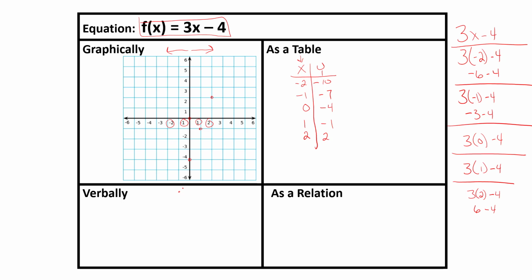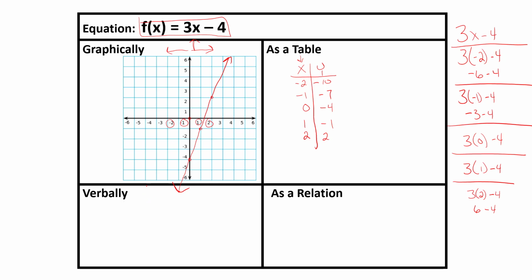Those are our ordered pairs for this particular function. Now, certainly any ordered pair on that line is a valid solution, but we just picked these inputs so we could get outputs to help us graph. Connect the dots, and we have a straight line that goes through these ordered pairs that represents this function.